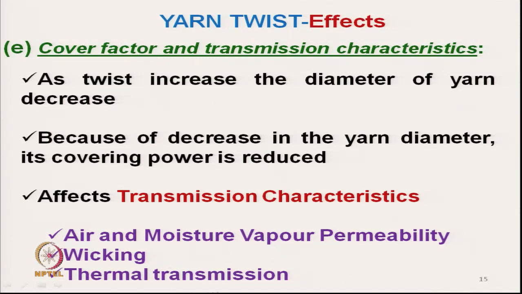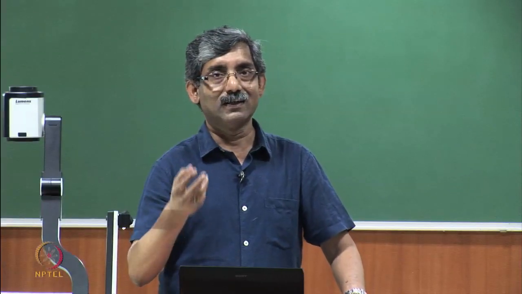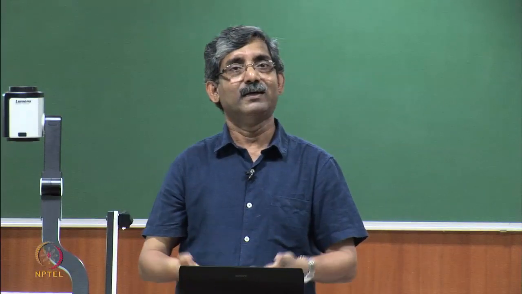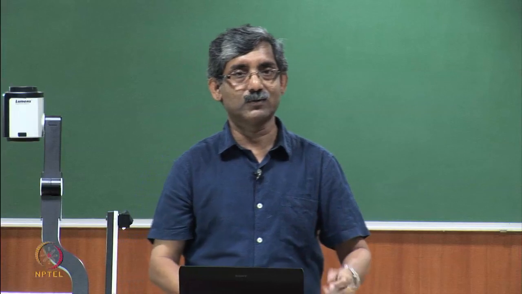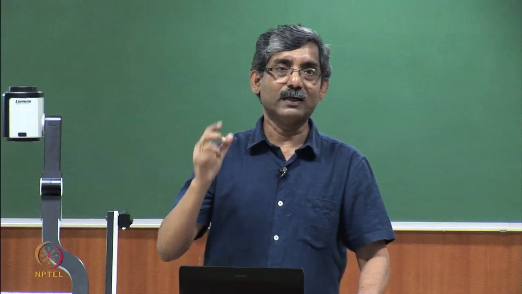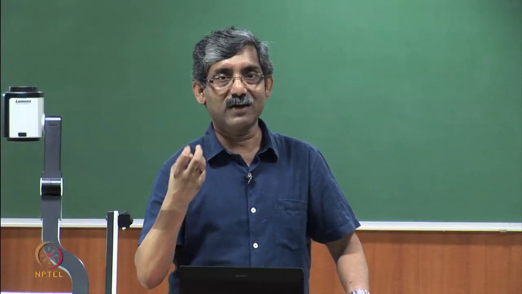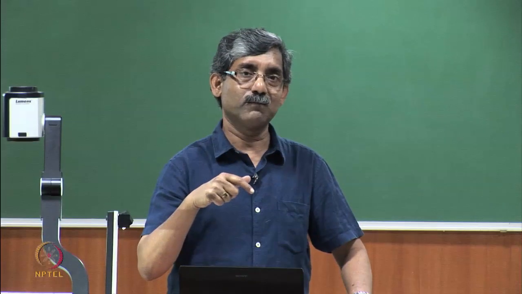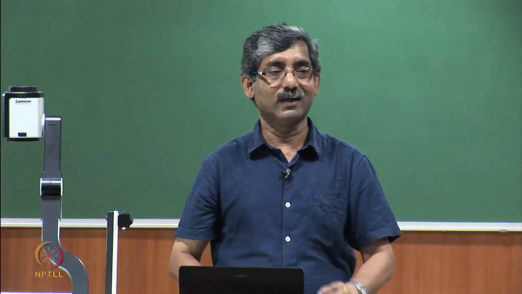And thermal transmission. As the twist increases, the entrapped air inside the structure reduces. So, thermal insulation effectively reduces with the increase in twist. So, we have seen that we should incorporate entrapped air inside the structure; for thermal insulating cloth we must use low twisted yarn.